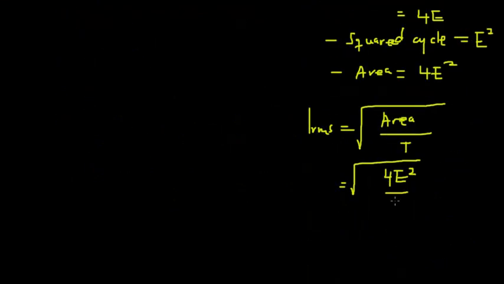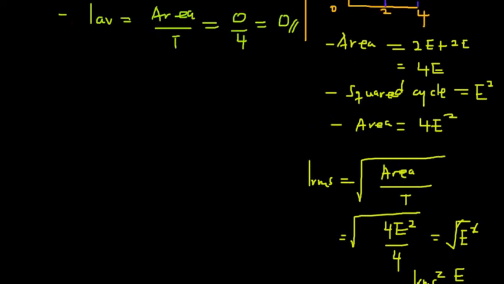When you simplify this, you'll be left with the root of e squared, since 4 cancels 4 out, and you end up with your root mean squared value being equal to e. So this brings us to the end of this video.